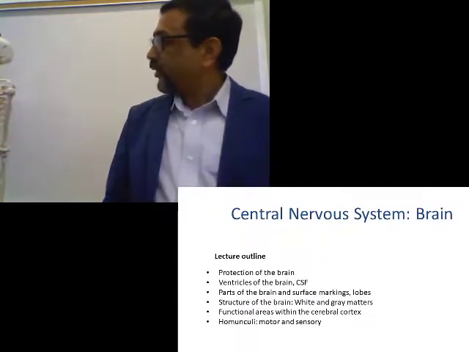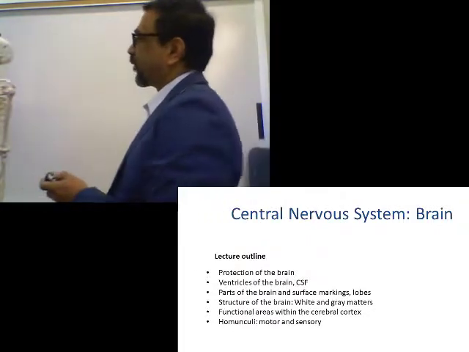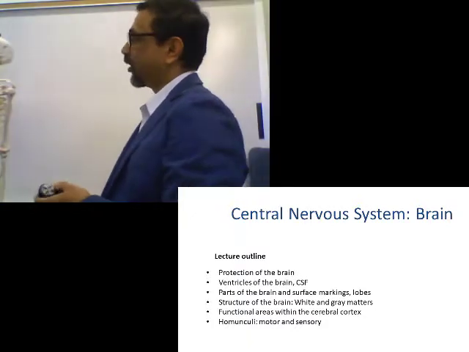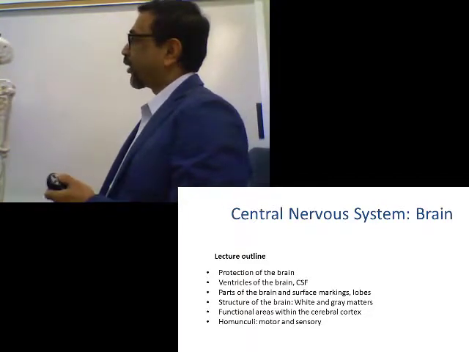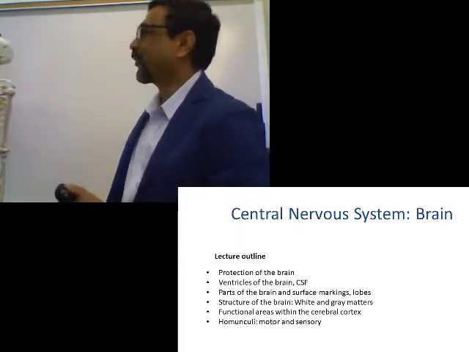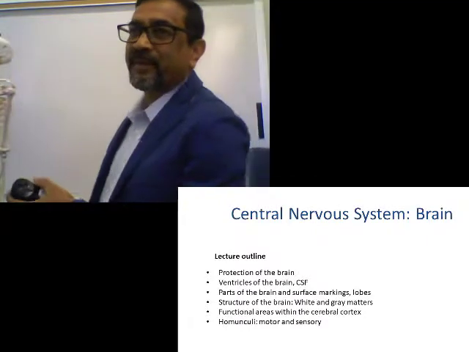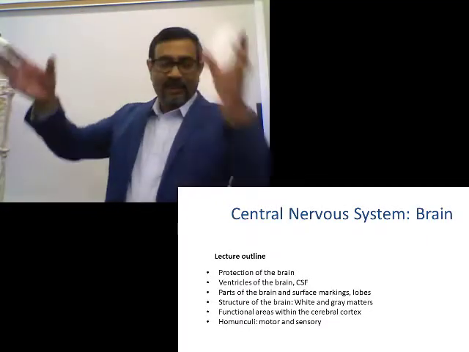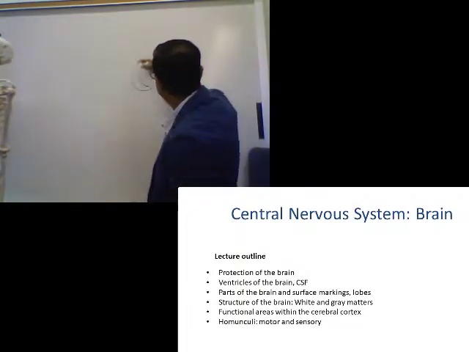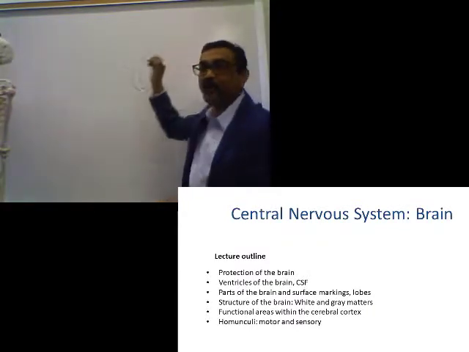Then we'll talk about the parts of the brain, surface markings on the brain, and lobes of the brain. Then we'll talk about the functional areas in the cerebral cortex. You must remember in the last lecture I mentioned that the surface of the brain, the outer layer, is gray matter, also called the cerebral cortex.